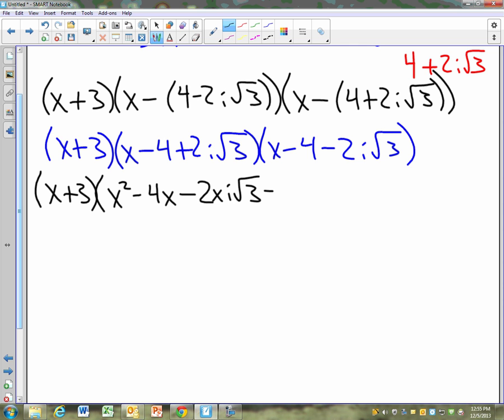Okay, then we go to our negative 4. Negative 4 times x, negative 4x. Negative 4 times negative 4. And negative 4 times negative 2i roots of 3, positive 8i roots of 3.